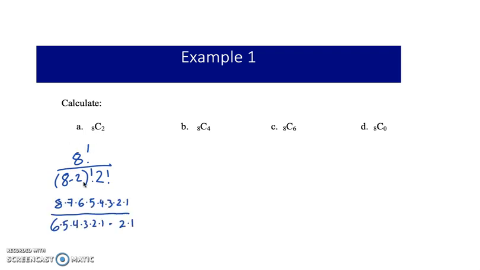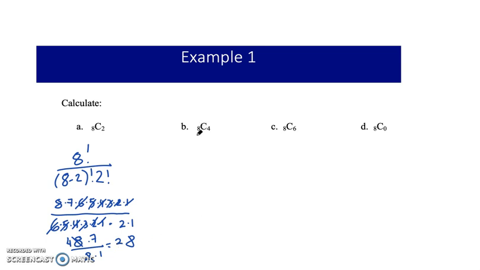And 8 factorial is 8 times 7 times 6 times 5 and so on. 8 minus 2 factorial, or 6 factorial, is 6 times 5 times 4 times 3 times 2 times 1, times 2 times 1, which can be easily simplified. Let's see what I can get rid of. All the 6, 5, 4, 3, 2, 1, and I'm left with 8 times 7 over 2 times 1, which is 4 times 7 equals 28.